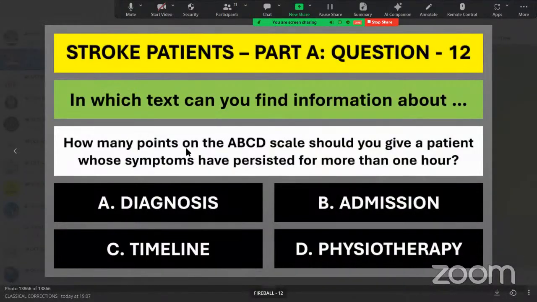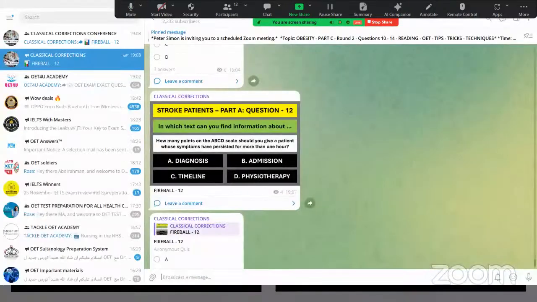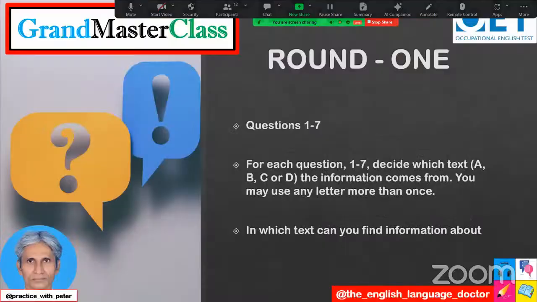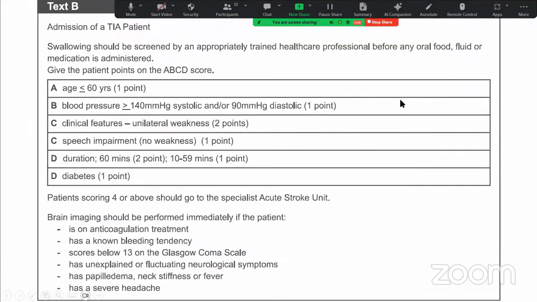How many points on the ABCD scale should you give a patient whose symptoms have persisted for more than 1 hour? Symptoms persisted more than 1 hour. That's it. So you can go there. Yeah. So go to B. Now check the answer. Symptoms persisted for more than 1 hour. Come on, check and give the answer.